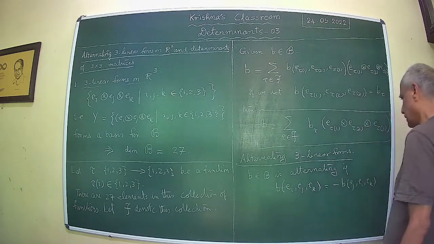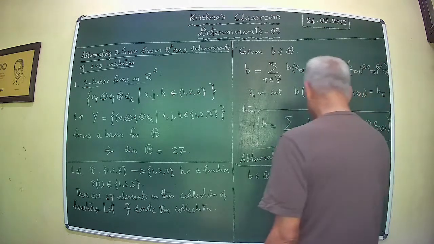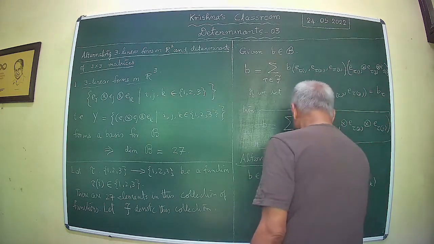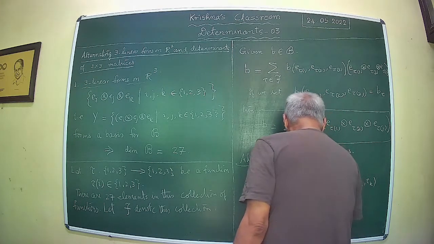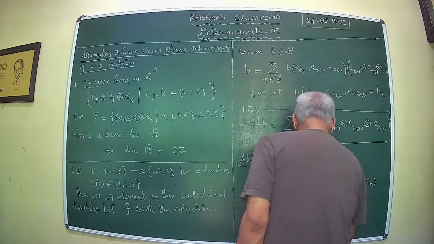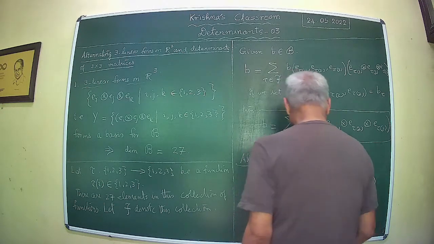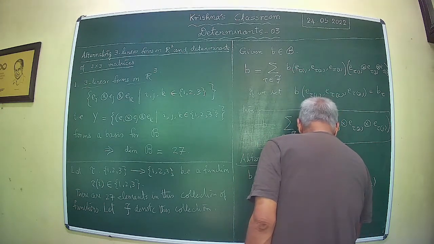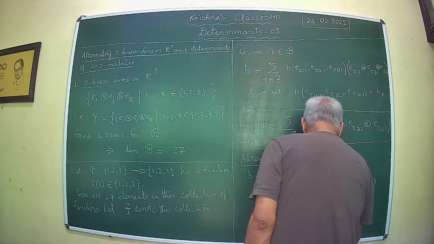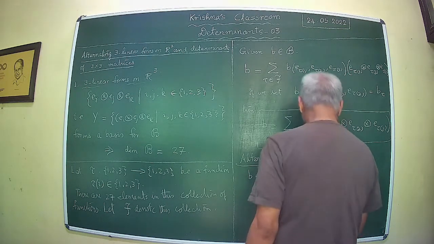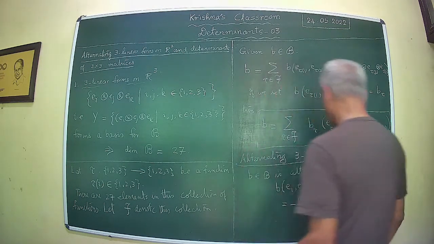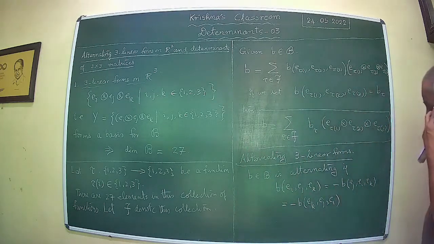That is one change. Now once again you change here. So this is also equal to minus B of Ei, Ek, Ej. That means we have interchanged these two. Then this is also equal to minus of this.